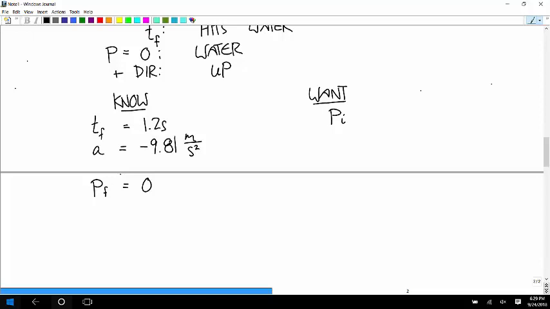Negative. And then what about when it's on the way down? Now the velocity is negative. Is it speeding up or slowing down? Speeding up, so the acceleration has to be down in both cases, negative in both cases. No matter what the object's doing, gravity's accelerating it down.